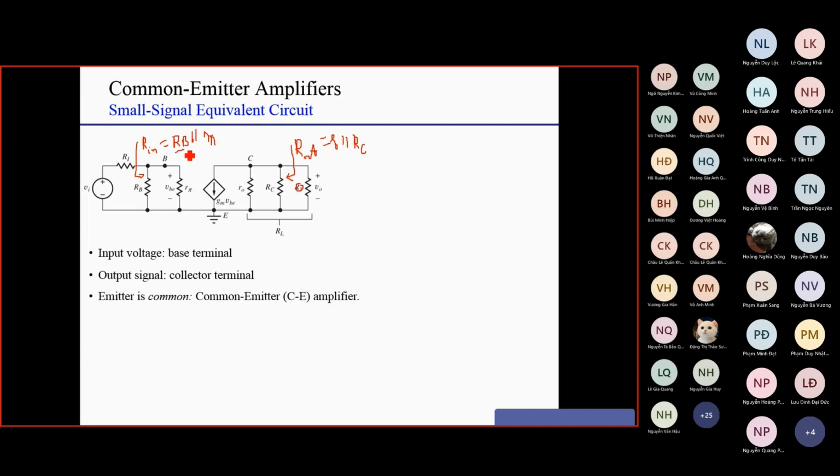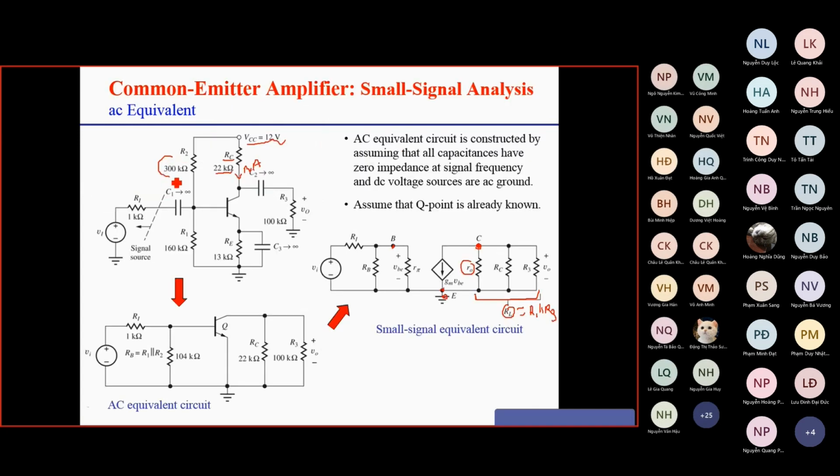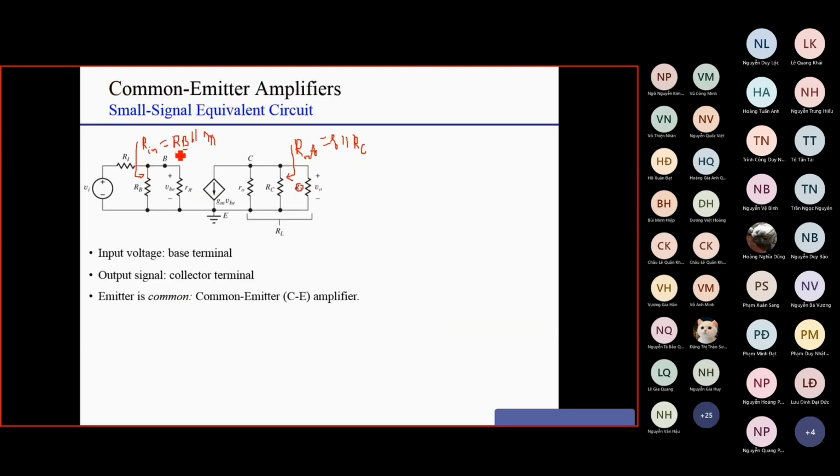Normally RB is very large. You can see here R2 is hundreds of kilo ohm and R1 is hundreds of kilo ohm, in order to limit the current at the input to just the order of microampere. You know that IB is in the order of microampere only. So RB is also in the order of hundreds of kilo ohm.